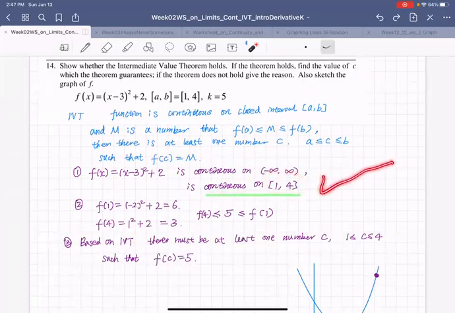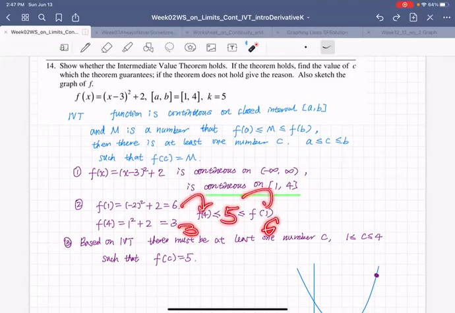Step 2: f(1) equals how much? Well, you can plug in. f(1) equals 6. f(4) equals 3. How about this guy? Well, 5 is between 3 and 6.